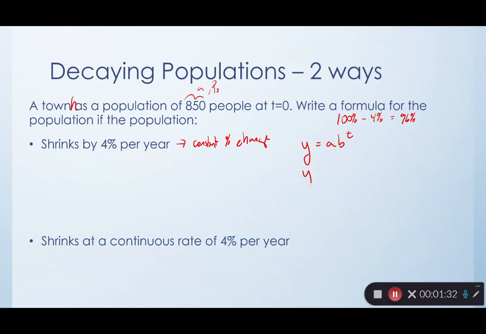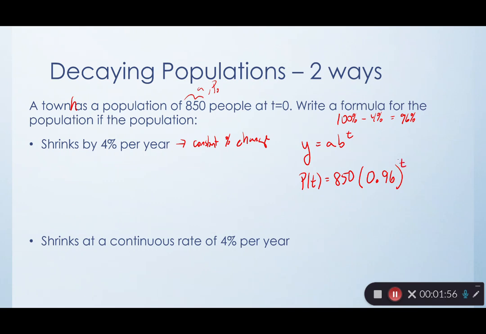So I should do P of T, our population, 850. And our B in this case, it's not 1.04 because that would be if the population was increasing. It's going to be 1 minus 0.04. So it's going to be 96%, 0.96 to the T.